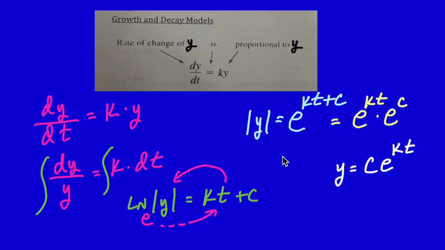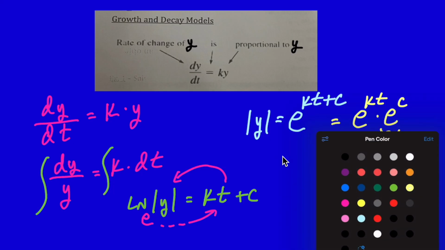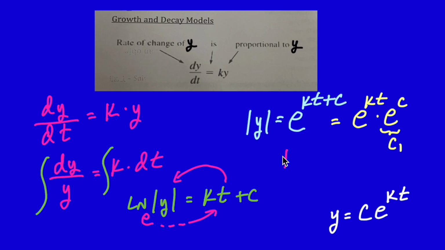Well, now, since e itself is a constant of about 2.71, we could change this to c1. So let's rewrite this here in pink: the absolute value of y now equals c1 times e to the kt. Now, if we want to remove that absolute value sign, we can, but we have to add a plus or minus over here.